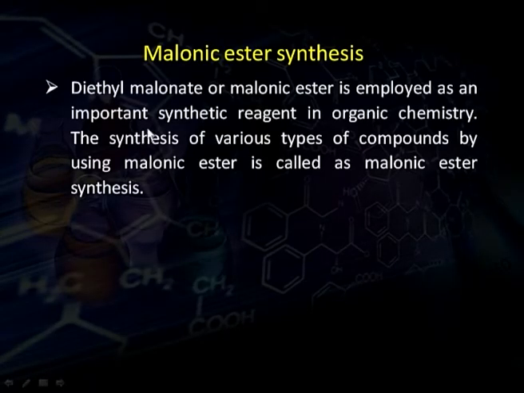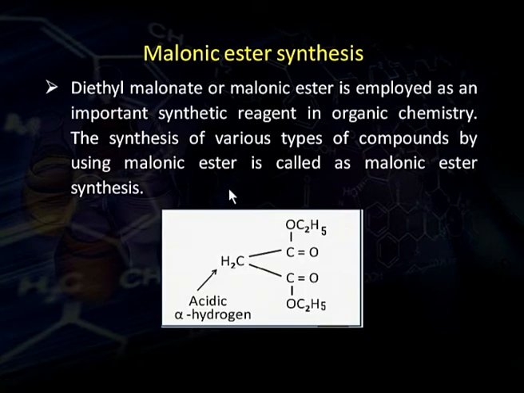Malonic ester, or diethyl malonate, is employed as an important synthetic reagent in organic chemistry. The synthesis of various types of compounds using malonic ester is called malonic ester synthesis. In malonic ester, the CH2 group is flanked on either side by two ester groups, which makes this alpha hydrogen acidic in nature.